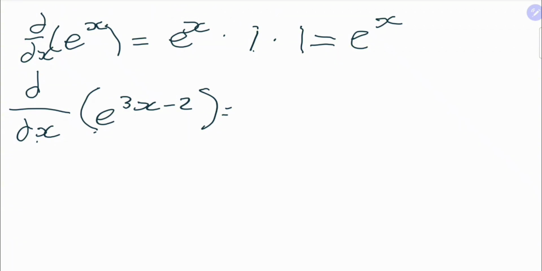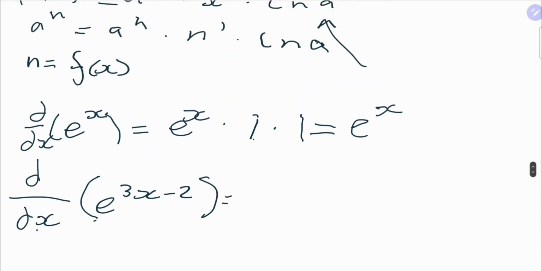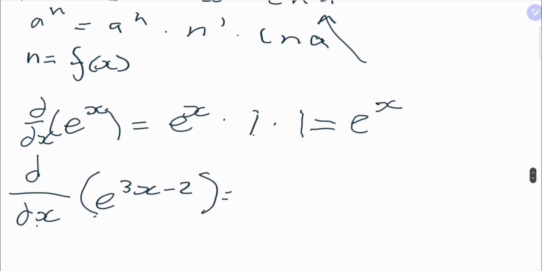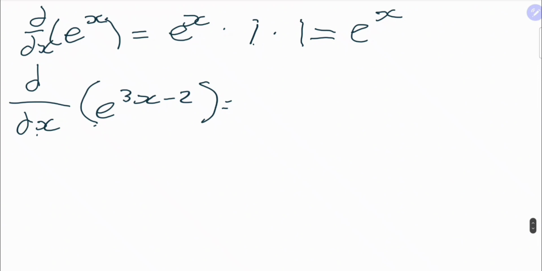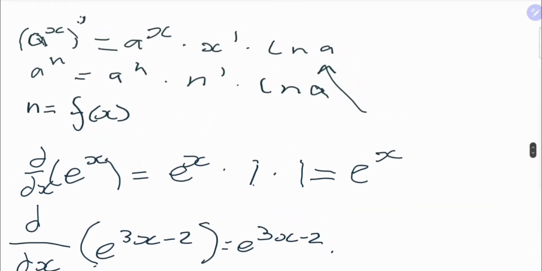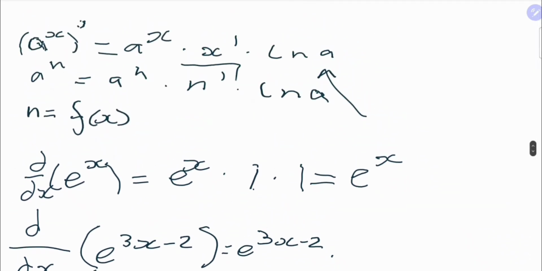Okay, now I'm going to give it a go. We're going to write our a to the n first, which is e to the 3x minus 2, times the derivative of n.